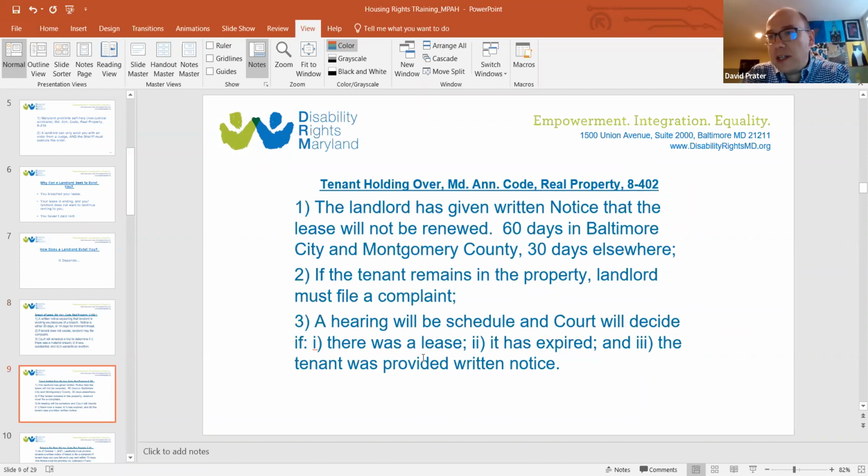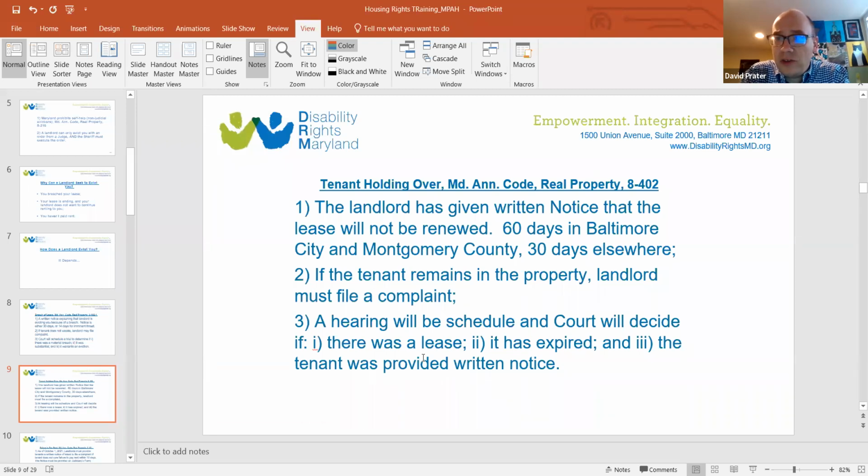The next reason a landlord could evict a tenant is what we call a tenant holding over. In this instance, a landlord has to give written notice that they will not be renewing the lease. They have to give this notice before the lease expires. In Baltimore City, they have to give 60 days notice, as well as in Montgomery County.